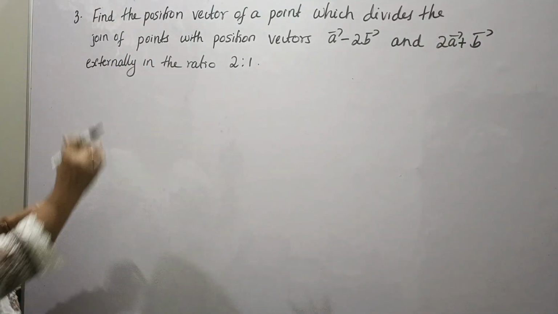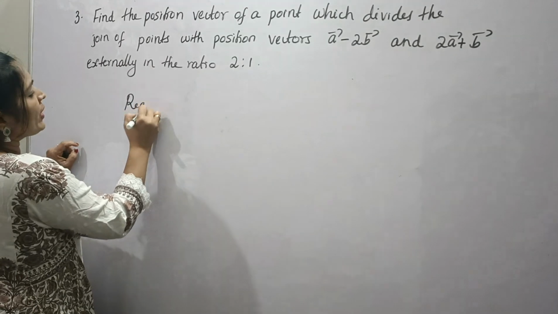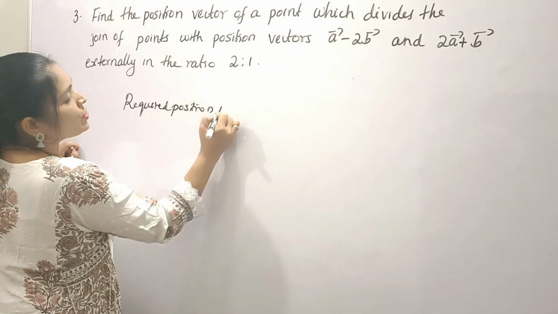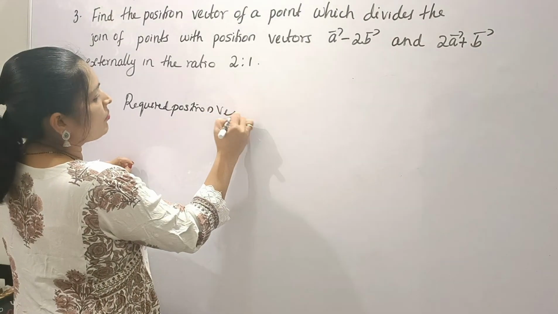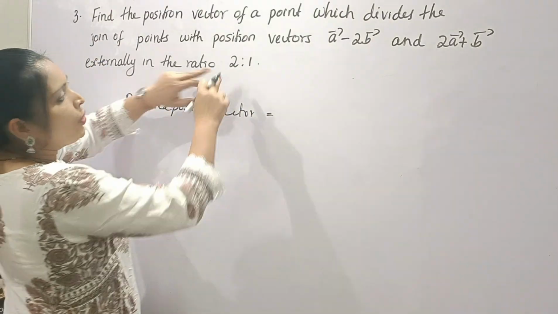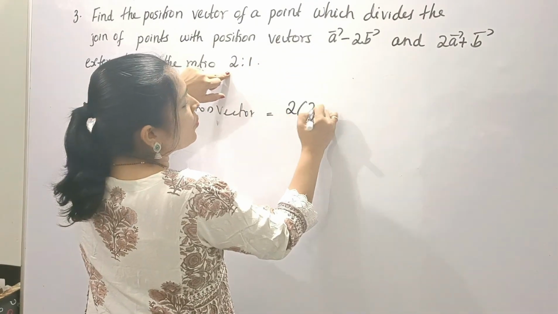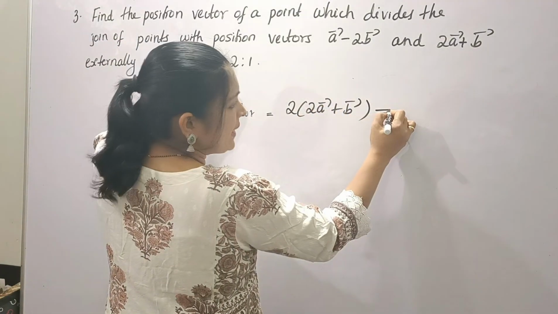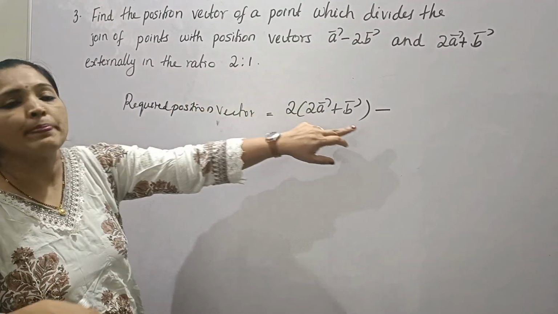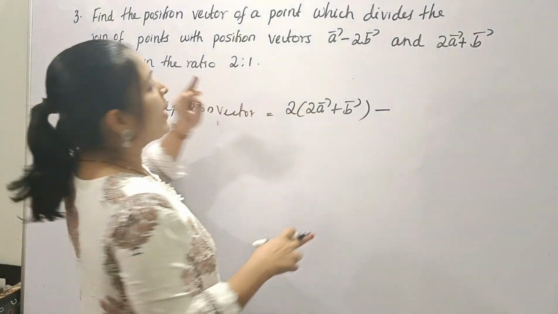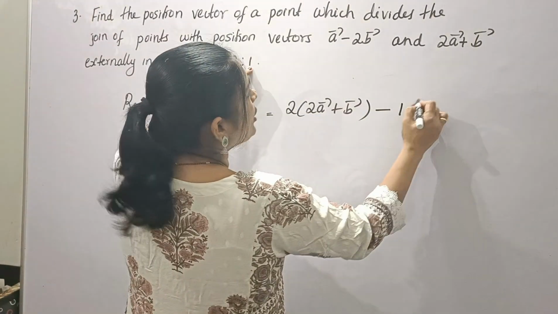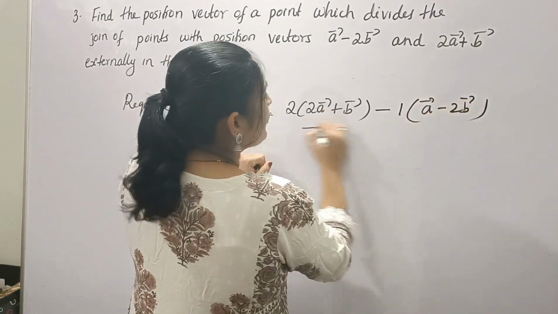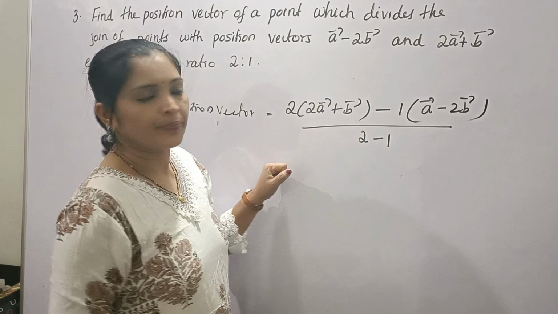We have already done this problem. The required position vector is equal to, very simple, 2 into 2 vector A plus B, minus, because it is externally, therefore it is minus, 1 into A minus 2B, divided by 2 minus 1.